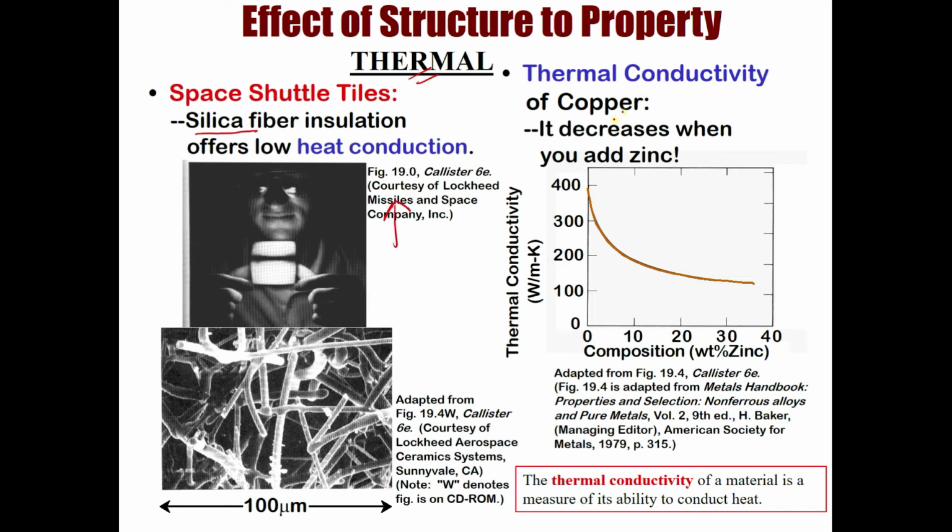Here you see the changes of thermal conductivity of copper. Copper is a type of metal which is always a conductor. However, the thermal conductivity decreases when you add more zinc. You see, with the increment of zinc, you observe the decrement in thermal conductivity of the copper material.